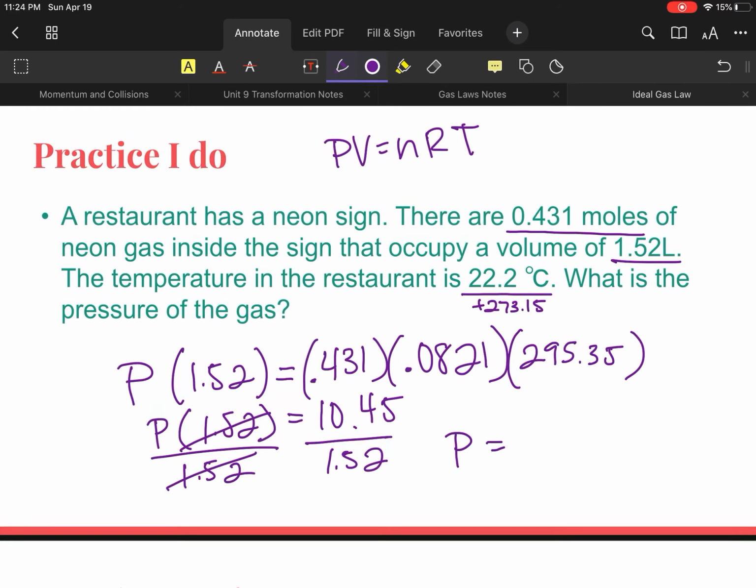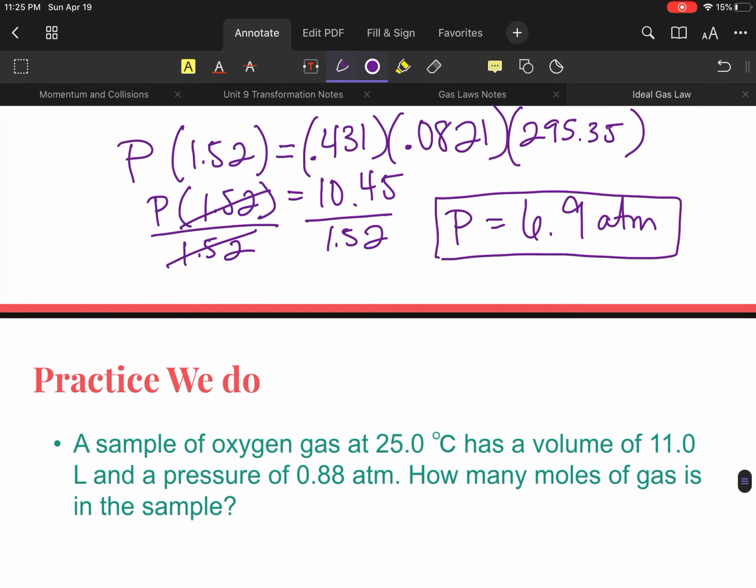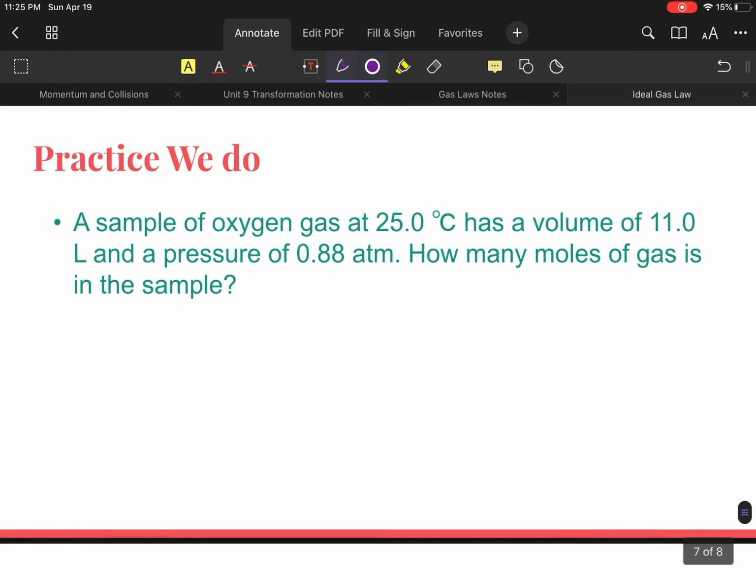Those cancel out. So my pressure is 10.45 divided by 1.52, which is, we'll just go with 6.9. And our units are always going to be atm for the ideal gas law.